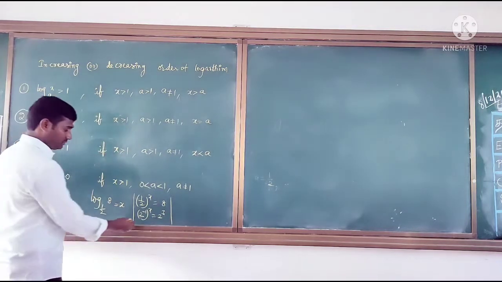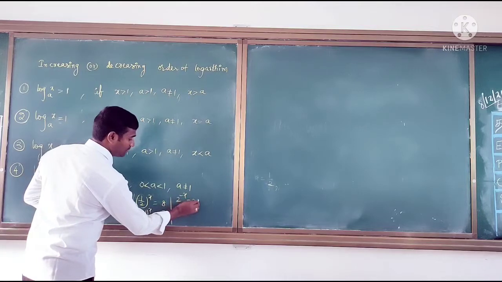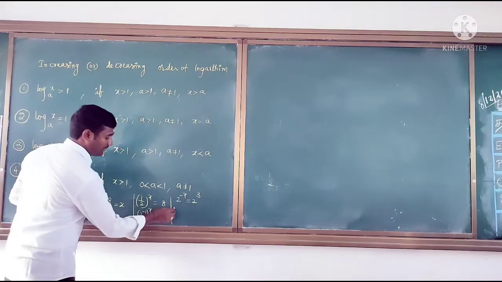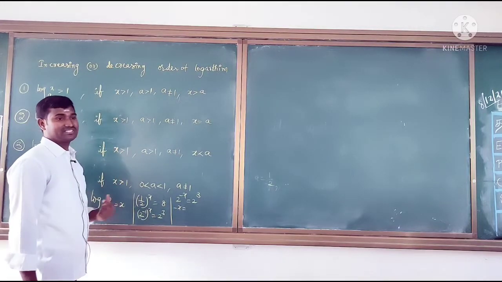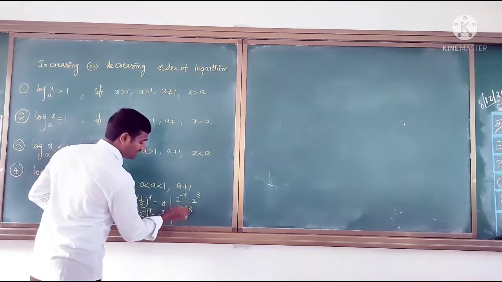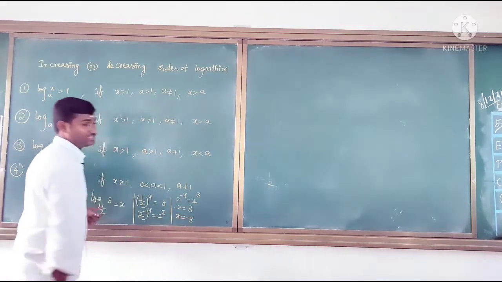So 2 power minus x is equal to 2 power 3. If both side bases are the same, then the powers are equal. Minus x is equal to 3, so x is equal to minus 3.